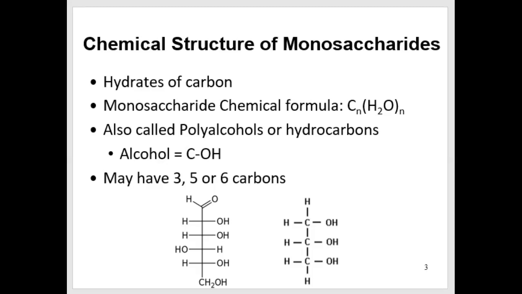So first you're going to need to be able to recognize that monosaccharides make up carbohydrates and consist only of 3 elements: carbon, hydrogen, and oxygen. Because of this, we often call monosaccharides hydrates of carbon, because for every carbon atom there's 2 hydrogens and 1 oxygen.